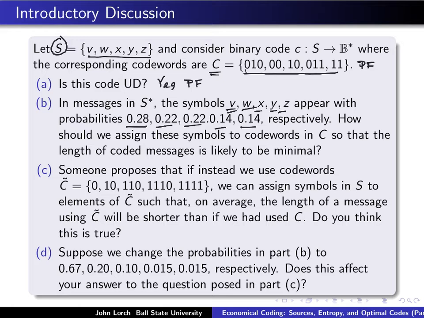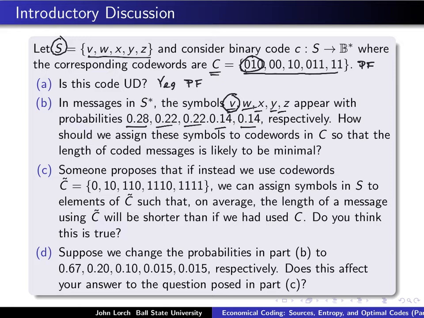So since this letter V occurs most often, we would want to assign V to a pretty short code word, right? We don't want to assign V to 010 because then that most commonly occurring letter is going to get a code word of length 3 rather than some shorter length, right?